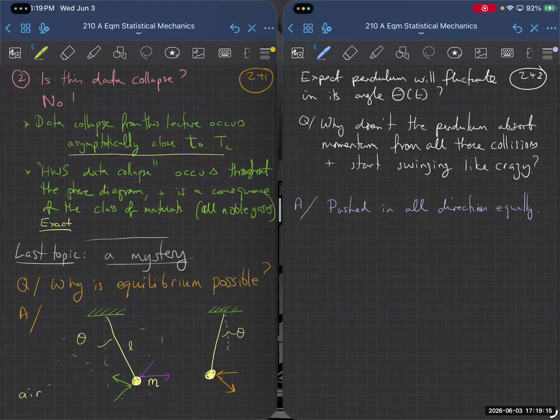Yep, it's random, so it averages out. Any other answers? Also, if it would start moving, there'd be drag from all the particles that collide.